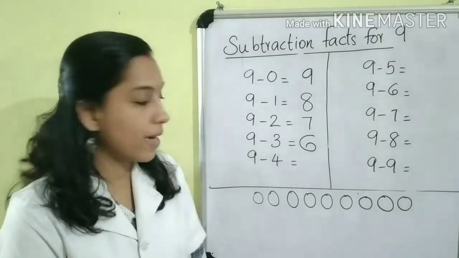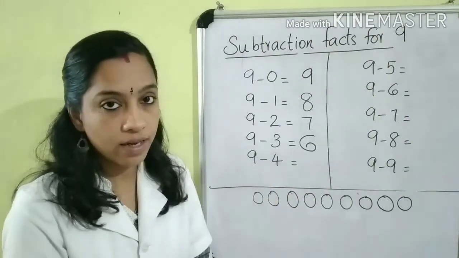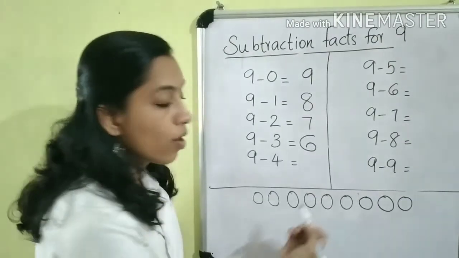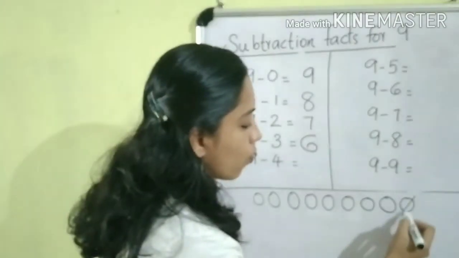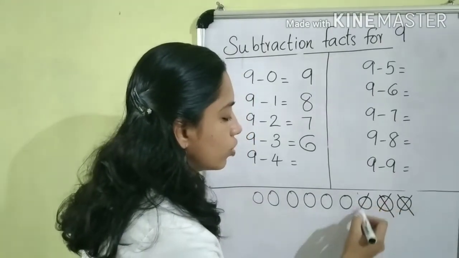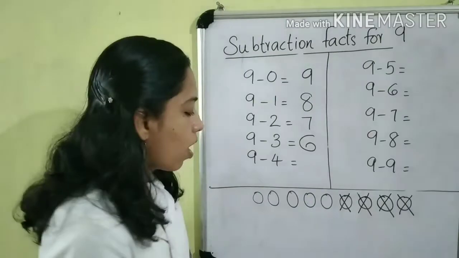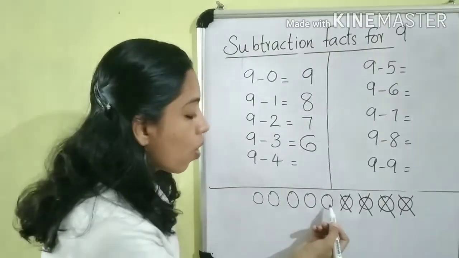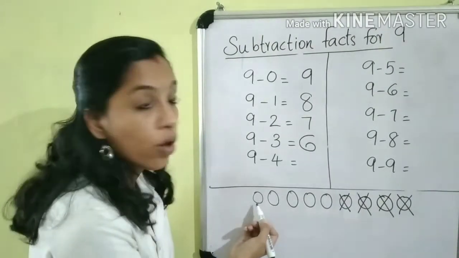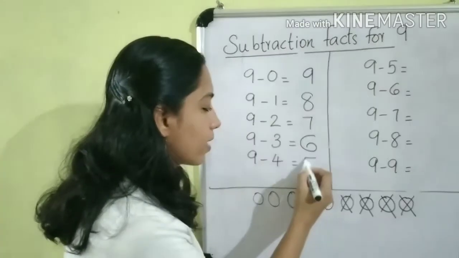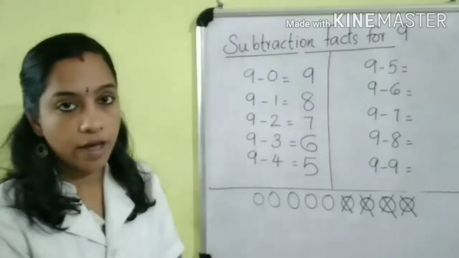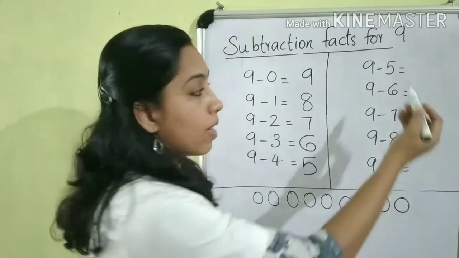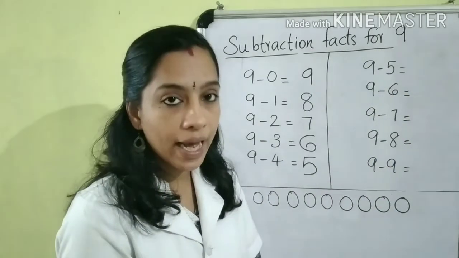Next we have to subtract 4 from 9. So we can cross out 4 circles here. 1, 2, 3, 4. How many circles are left here? 1, 2, 3, 4, 5. Our answer is 5. Next we have to subtract 5 from 9.